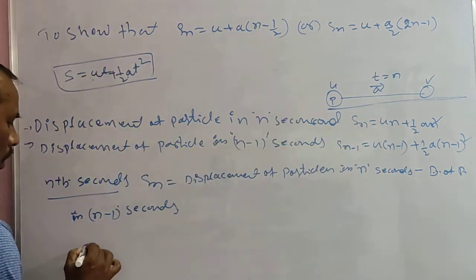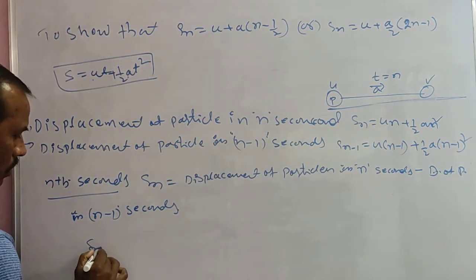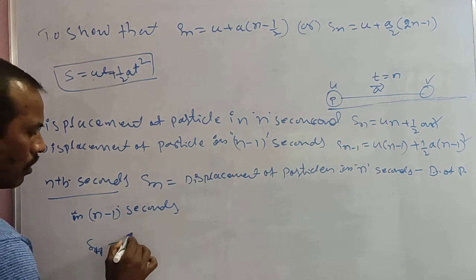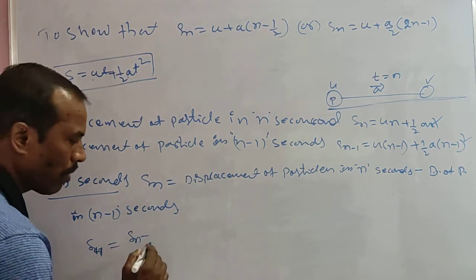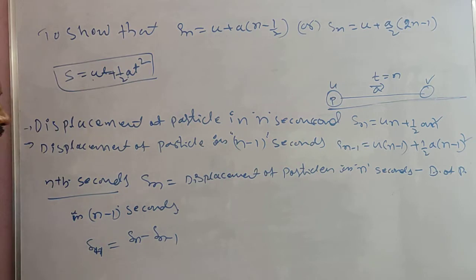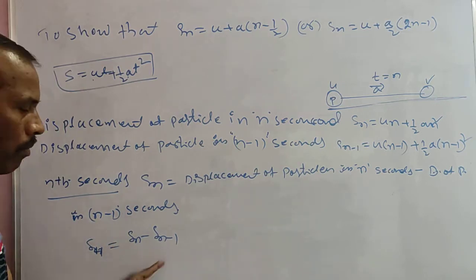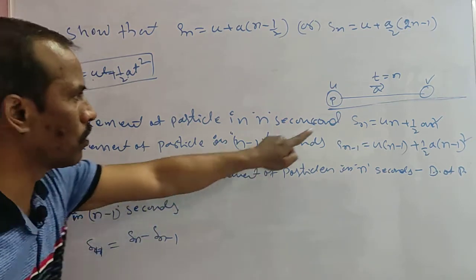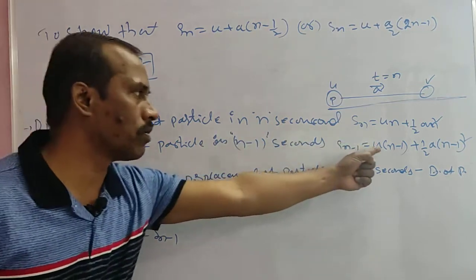So the nth second displacement Sn is equal to Sn minus Sn minus 1. Now Sn is equal to this value, and Sn minus 1 is equal to this equation.